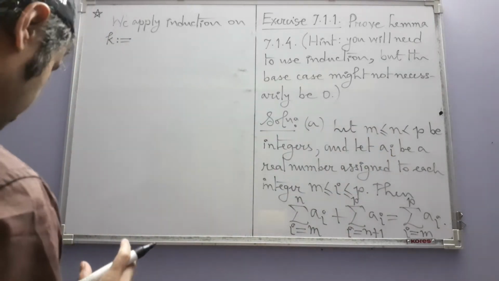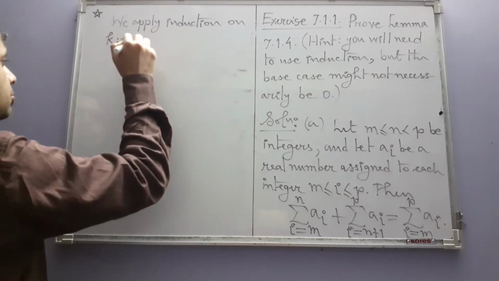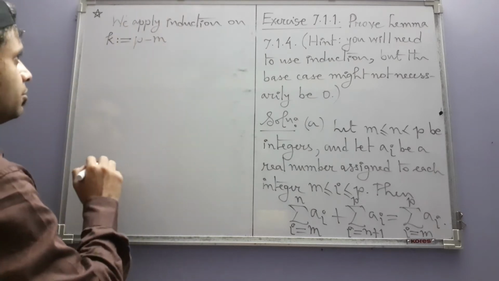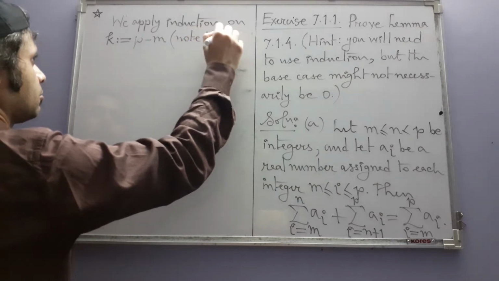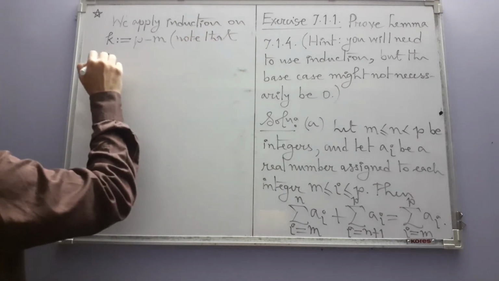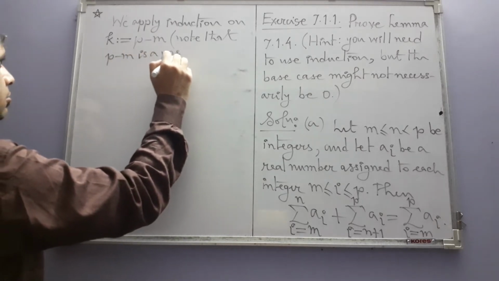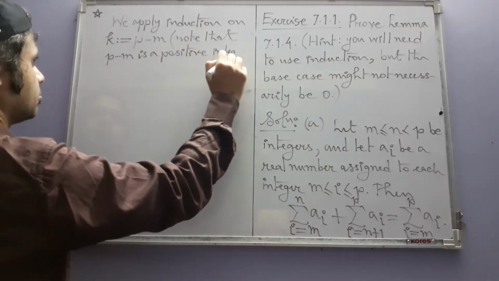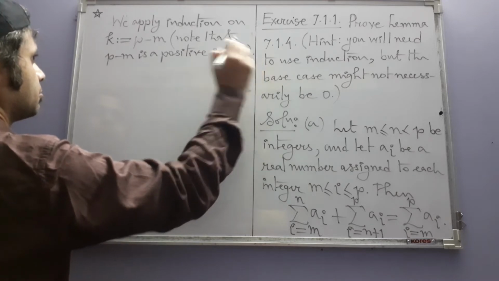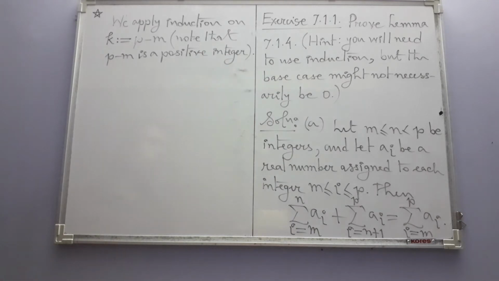No, I don't think it is p minus n. Okay, p minus m. Note that p minus m is a positive integer because of these inequalities. So on this positive integer, p minus m, we are going to apply induction.